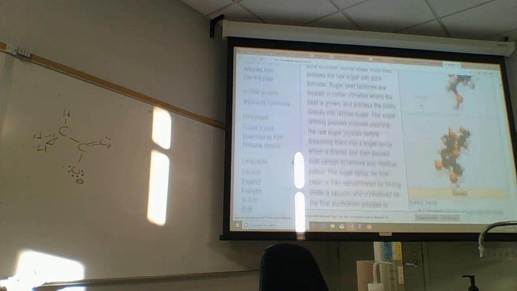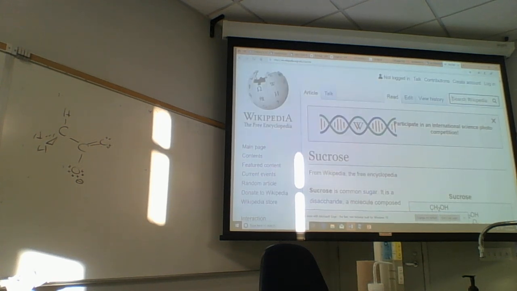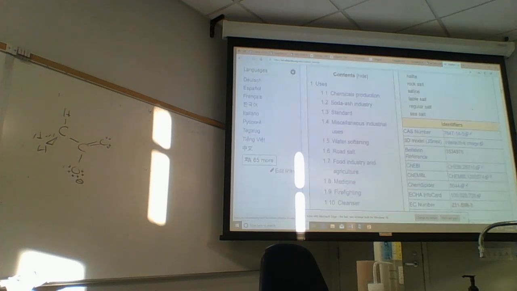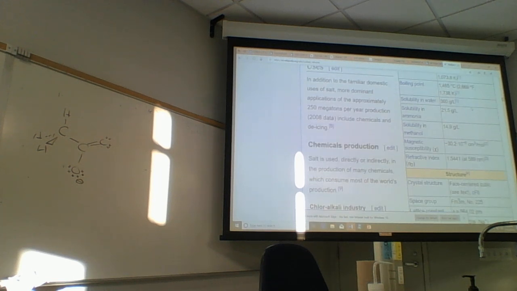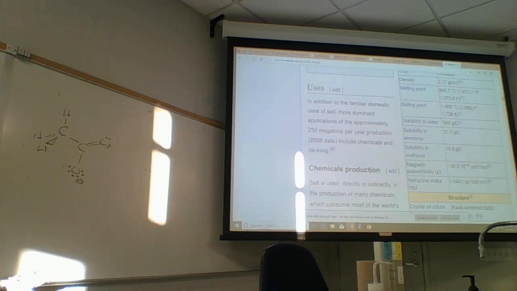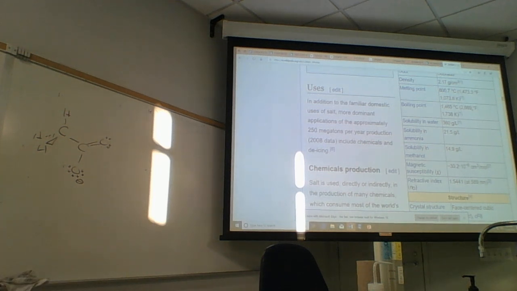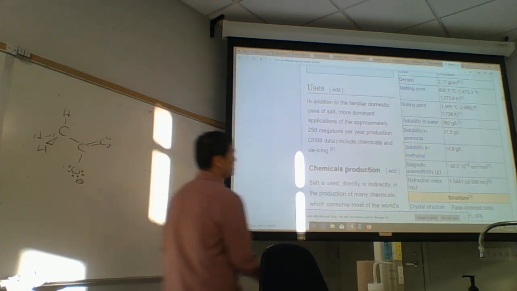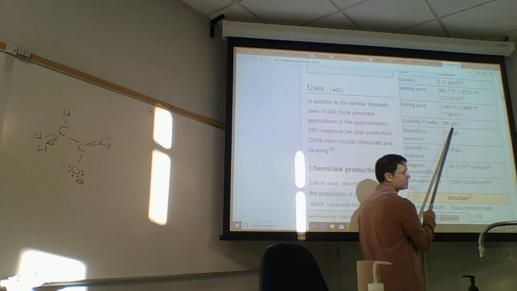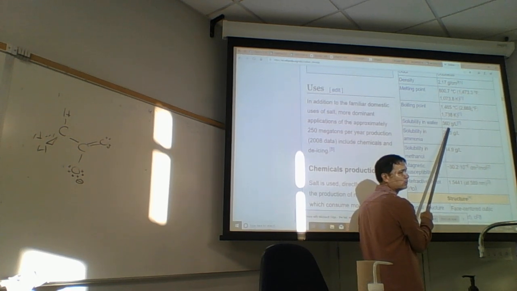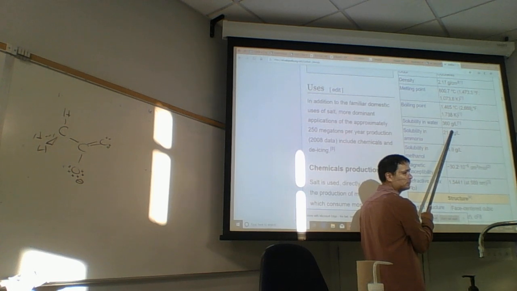Let's see salt. How much salt can we dissolve in water? Yeah, 360 grams per liter, which would be 36 grams per deciliter, 100 milliliters.